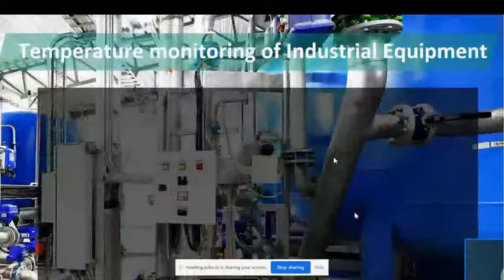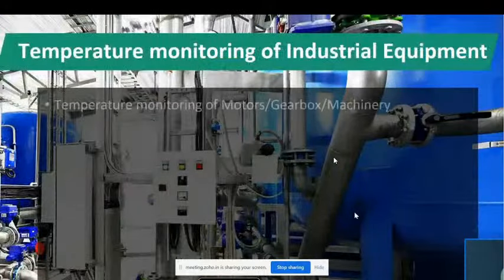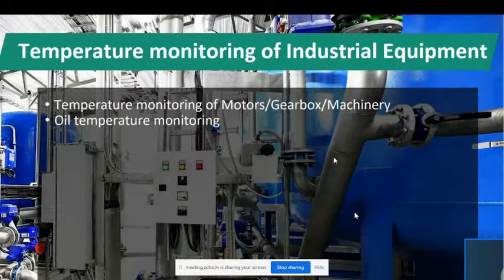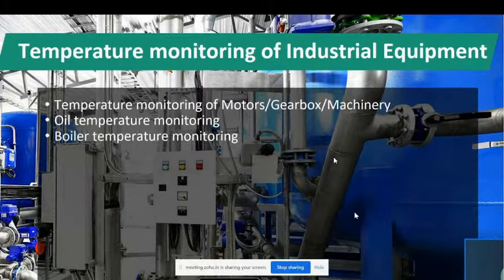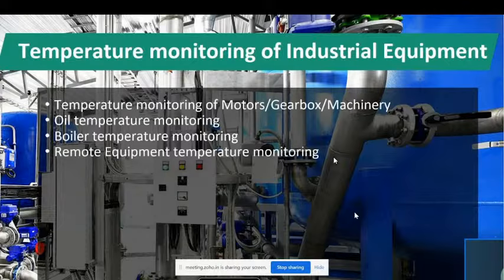And now we can do temperature monitoring of motors, gearboxes, and machineries, oil temperature monitoring for various purposes like cutting and tooling machineries where the cutting oil is used, and in various other processes, oil is also used for different applications. Boiler temperature monitoring can be done, and remote temperature monitoring can be done also.